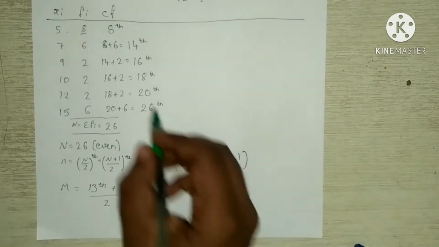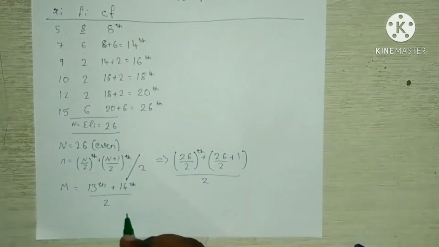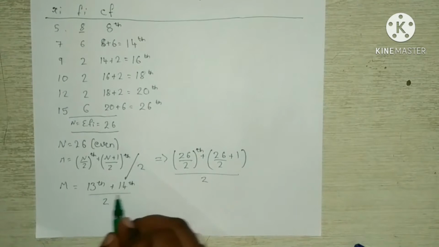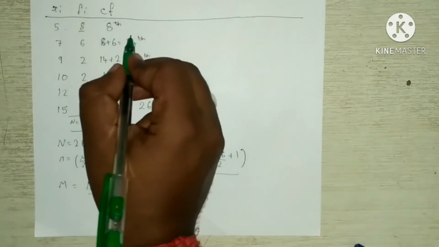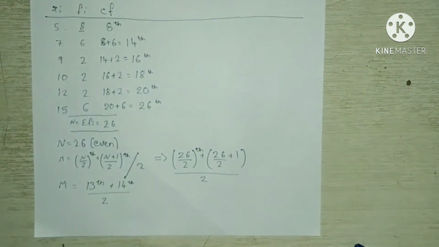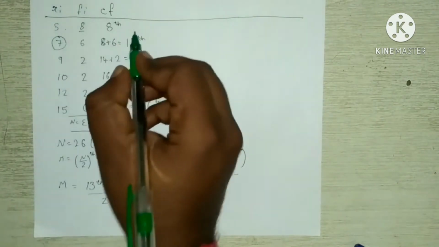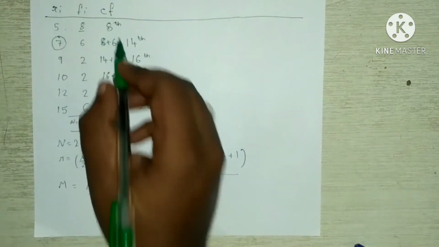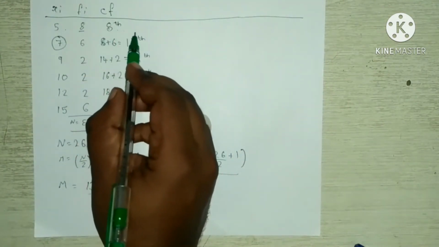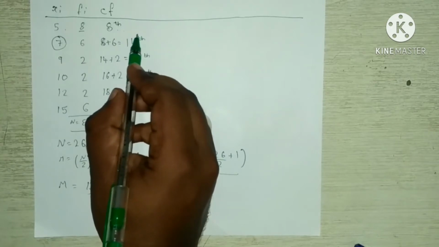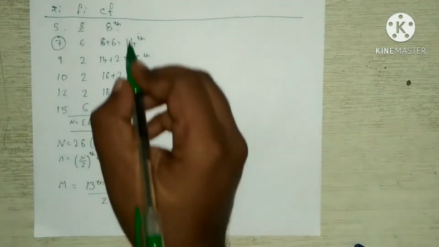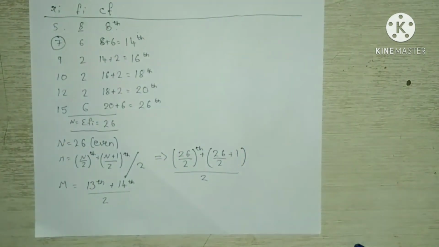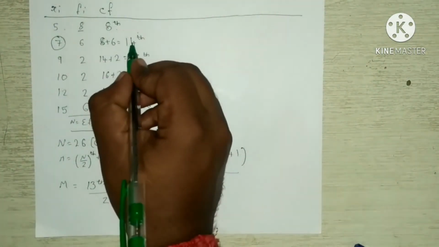In this, by seeing the cumulative frequency, where do the 13th term and 14th term lie? The 13th term lies between 8 and 14. After 8 comes 9, 10, 11, 12, 13th. So the 13th term can be 7, and the 14th term will be 7 itself, because the 14th term is given.